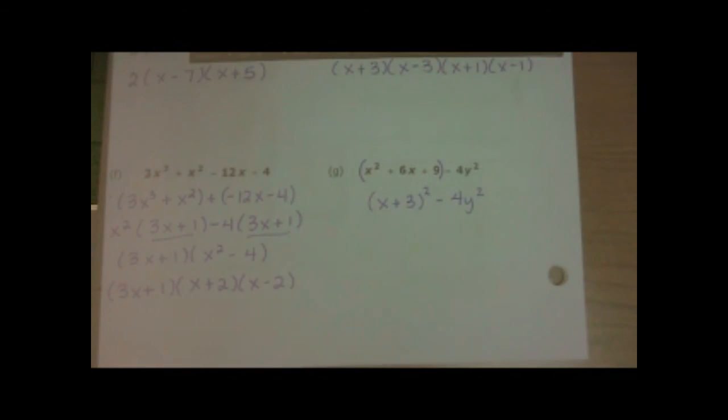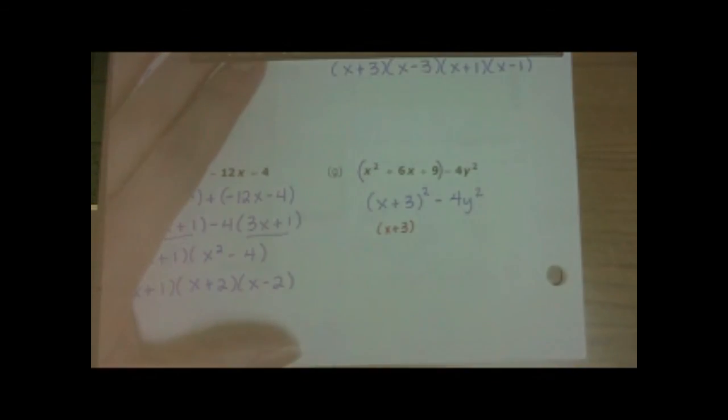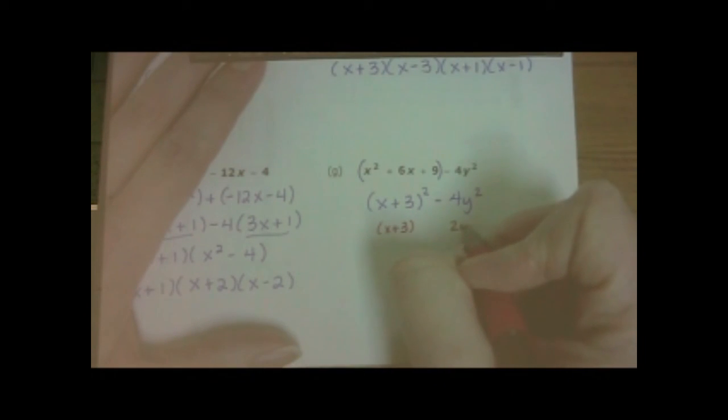Now this is really cool, because actually what I have here is a polynomial with 2 terms. This is one term, this is another term, and it happens to be the difference of 2 squares. The square of x plus 3, so that's our a, and the square of 2y.